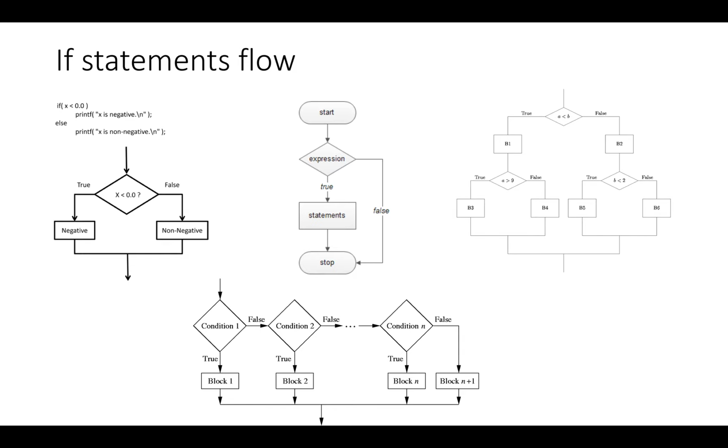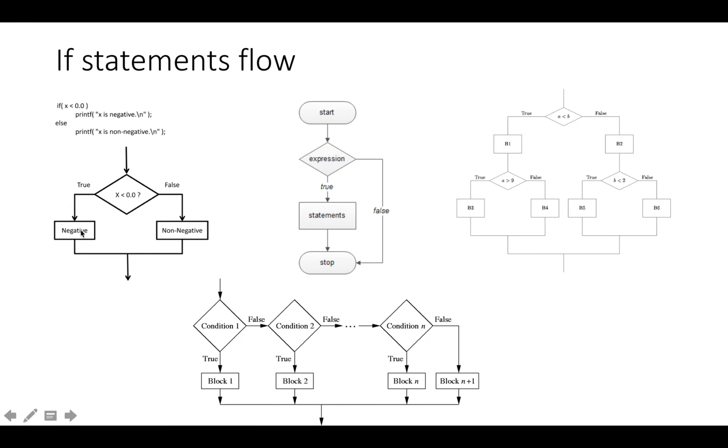So this is kind of a diagram representation of what's happening here. This is our program coming in at the top here. Let's say we said int x is 0, and then it'll check if x is less than 0, which it's not.